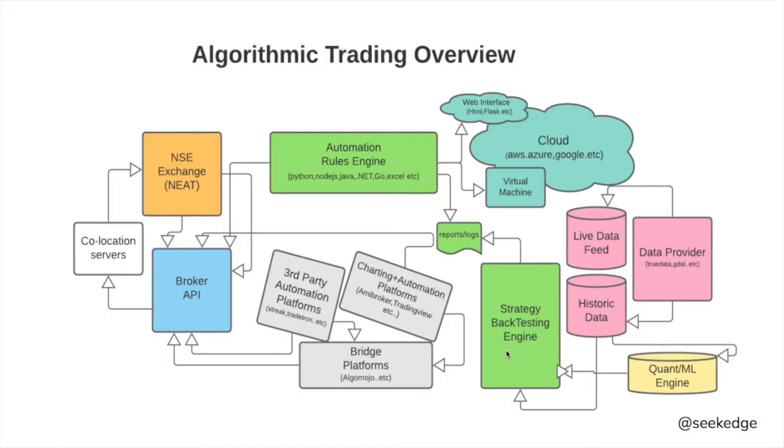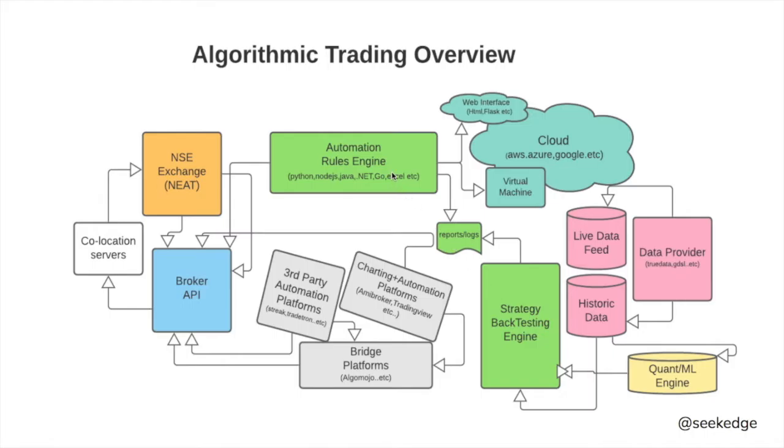We would like to test n number of rules, conditions and combinations of various kinds on the data and find out to what extent a particular rule works, and what kind of performance it gives. We test it for different months, weeks, years, and then we generate reports based on that. That is how we design the strategy, optimize the strategy, and launch the strategy for automation.